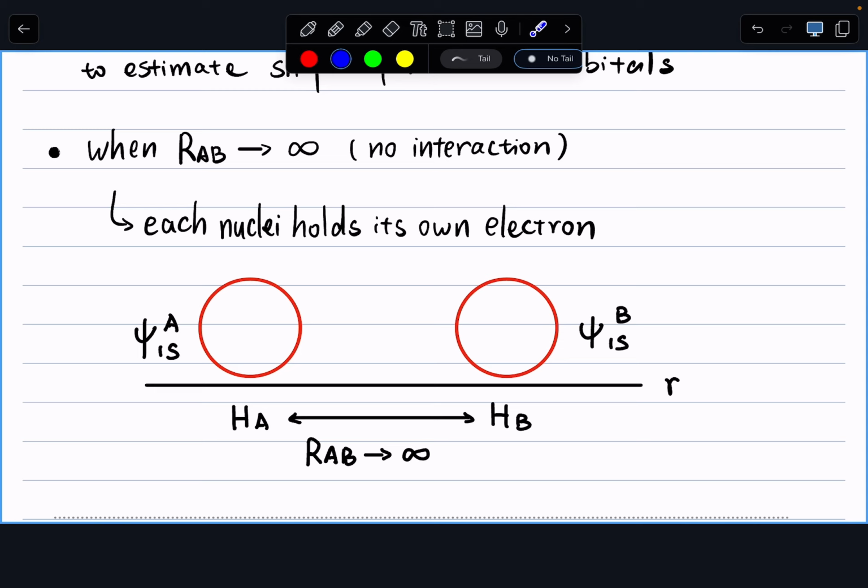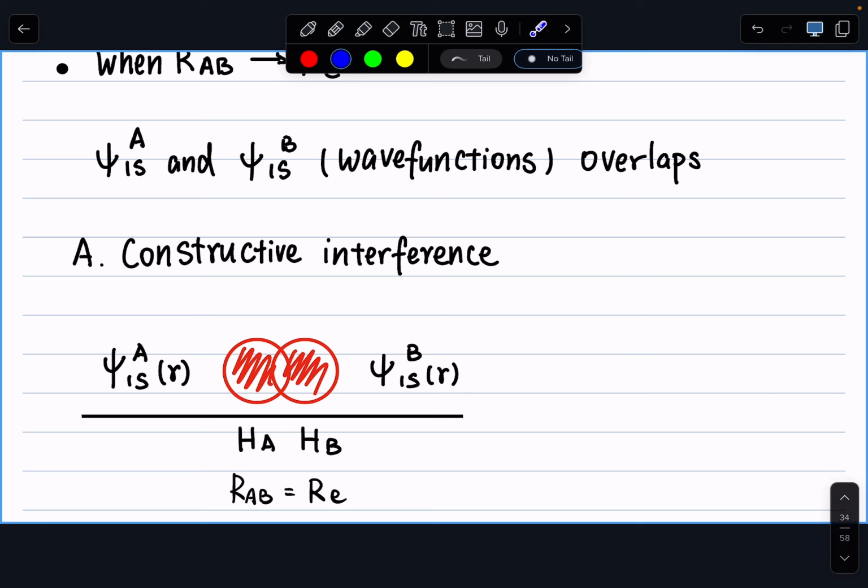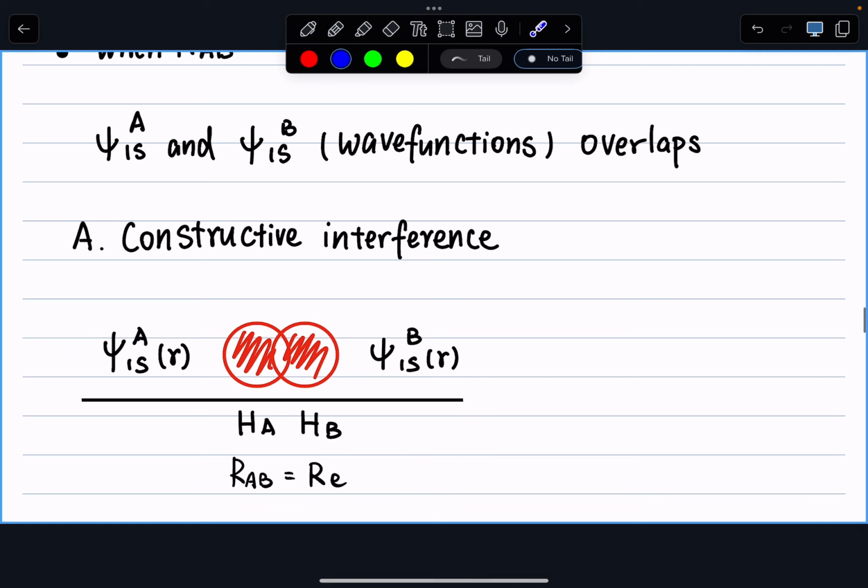Now, bringing these two waves together, remember we have two things that can take place. When these waves meet each other, they can meet in a constructive fashion or a destructive fashion. So what's going to happen? When they meet in a constructive fashion, what does it mean? It means these waves start to interfere with each other, and we end up with electron density in between my atoms.